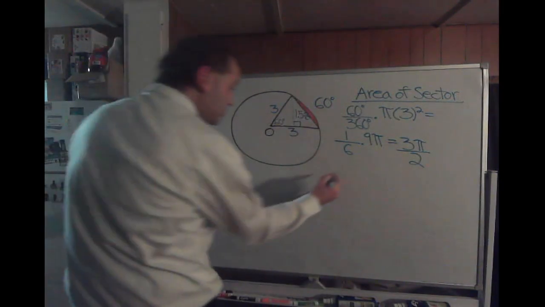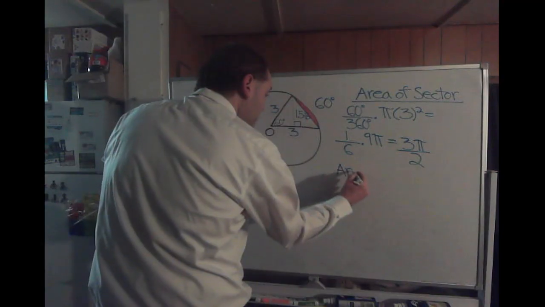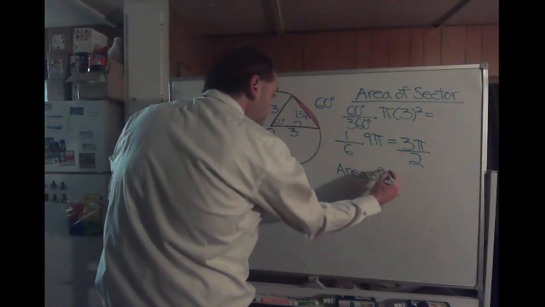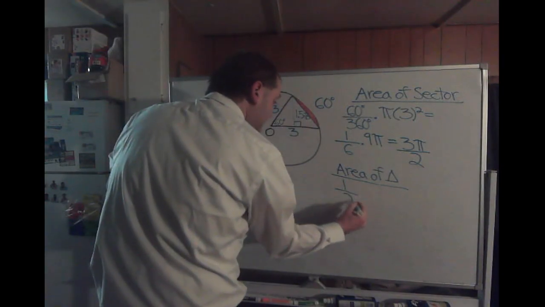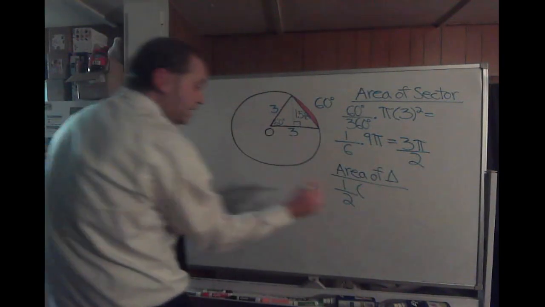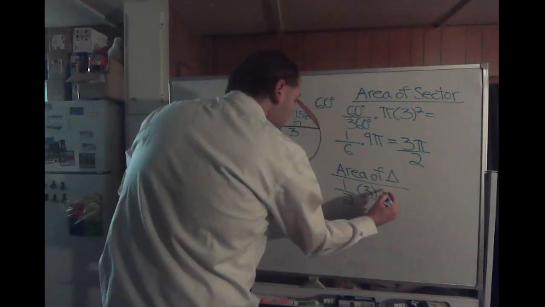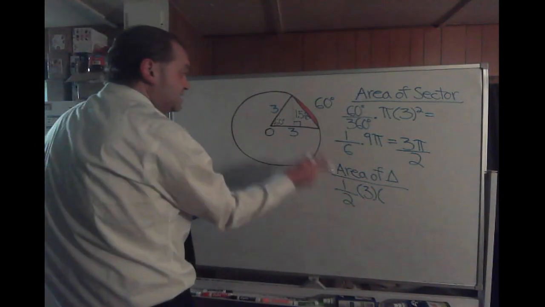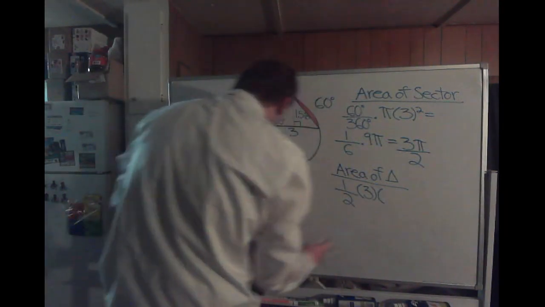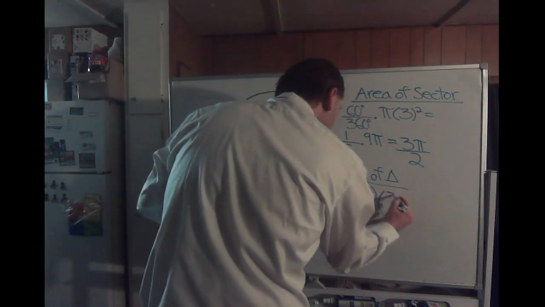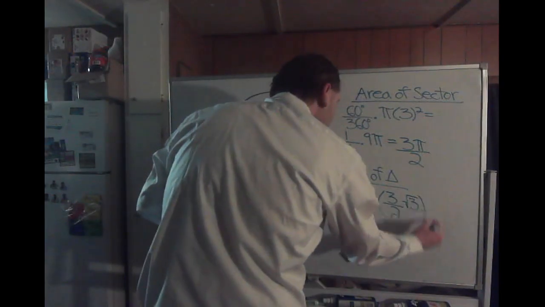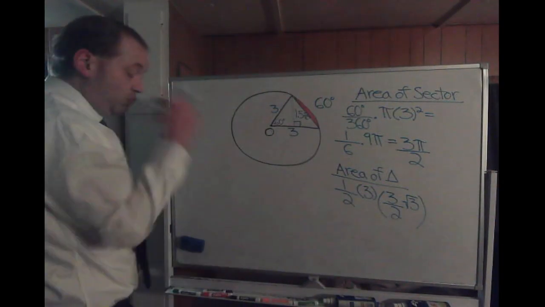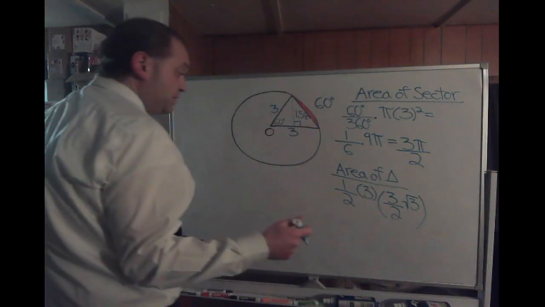So we can now do the area of the triangle, which of course is equal to half the length of the base, which would be 3, times the height, which would be, in this case, 3/2 times the square root of 3, because 1.5 is 3/2.